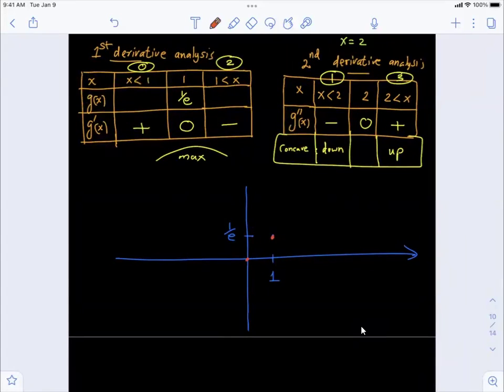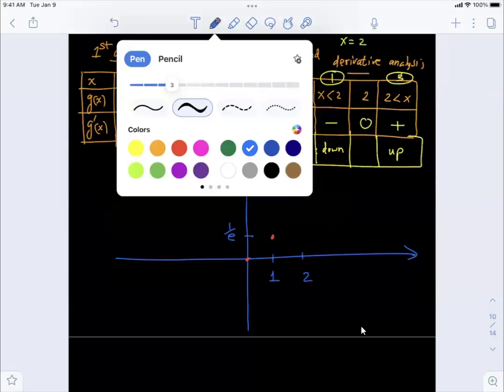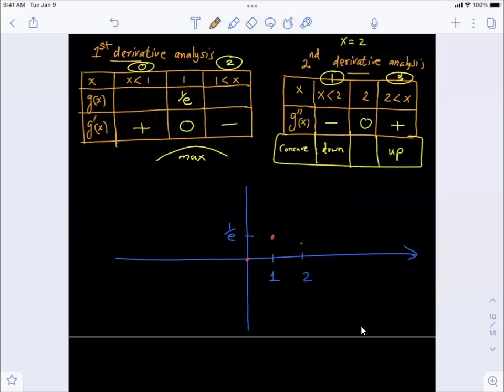Look at the original function, look at the x-intercept, look at the y-intercept, and that's what you have. And then you know it's concave down throughout in the interval up to 2. So the next point that you need to consider is 2. It is actually a point of inflection. So I will mark it in a different color.